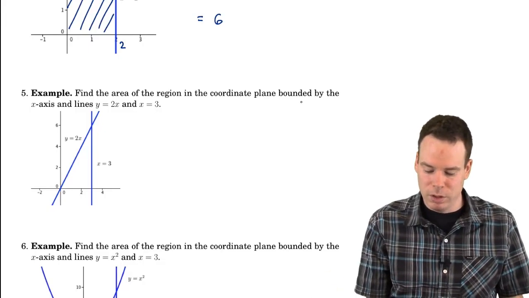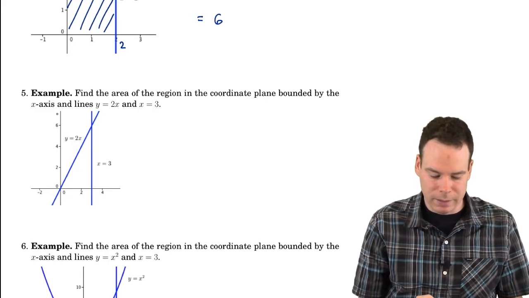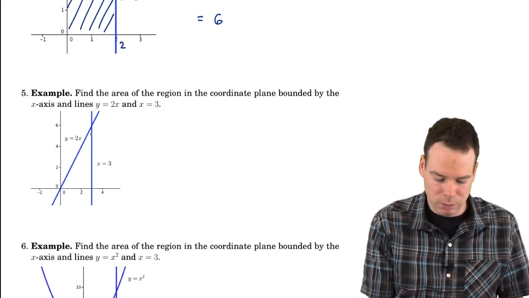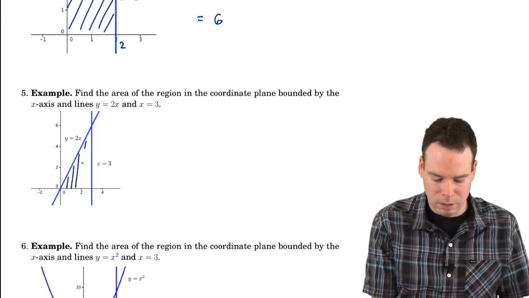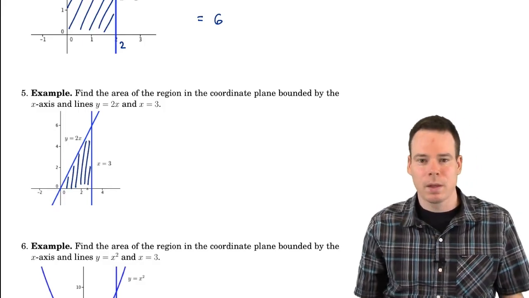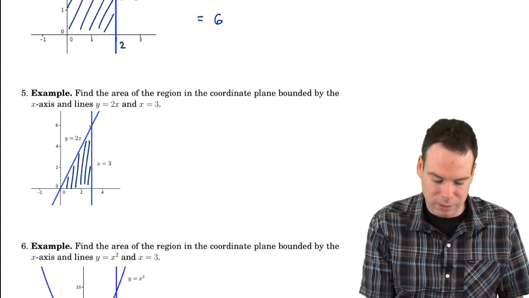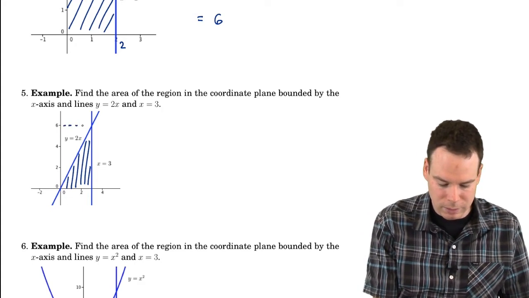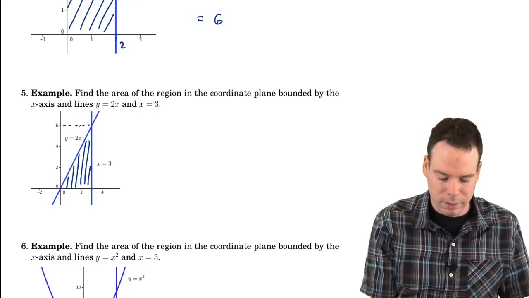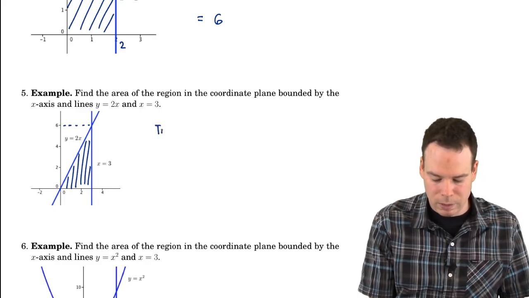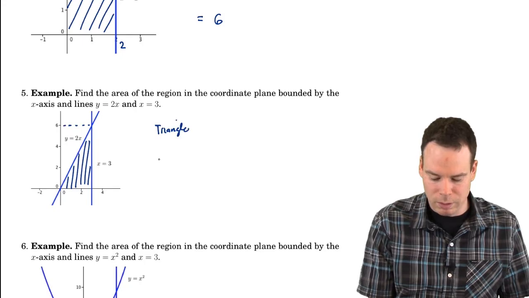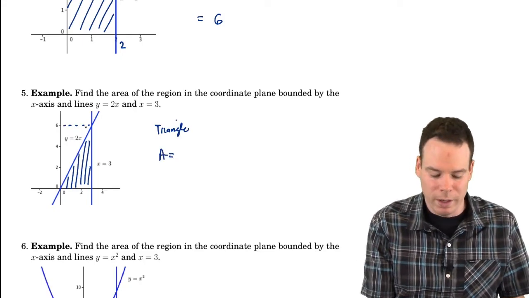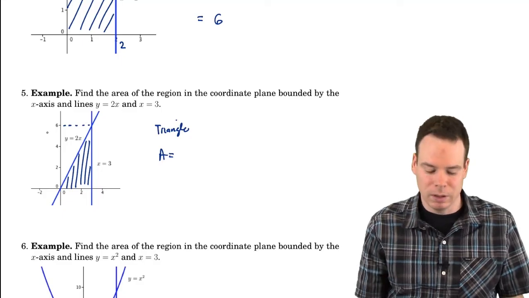So find the area of the region in the coordinate plane bounded by the x-axis and the lines y equals 2x and x equals 3. So the region sketched here, we're interested in this area. Now this is a triangle. We can think of it as embedded inside this larger rectangle. And because this is a triangle, we know that the area is 1/2 the base times the height, or in other words, 1/2 of the area of the encompassing rectangle.